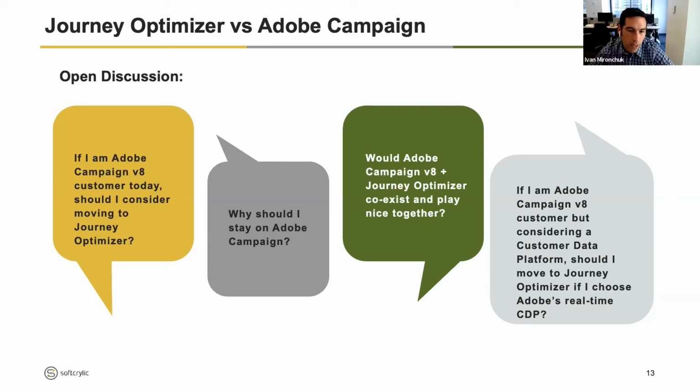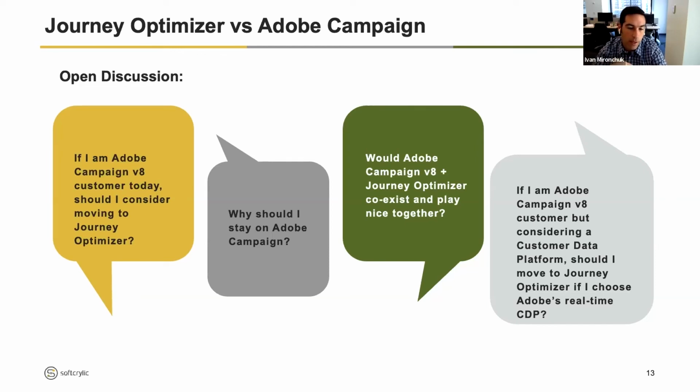I mean, it all depends on the use cases, right? There's definitely ways to create the orchestration and the profile data and then bring that into AEP, and then build campaigns that are similar to what you have inside of Campaign within Journey Optimizer.